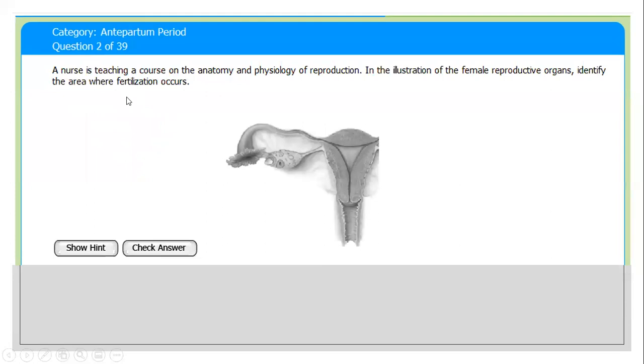What's the next question? A nurse is teaching a course on anatomy and physiology of reproduction. In this picture of the female reproductive organs, identify the area where fertilization occurs. In this picture we can see the ovary, and the ovary secretes ova.